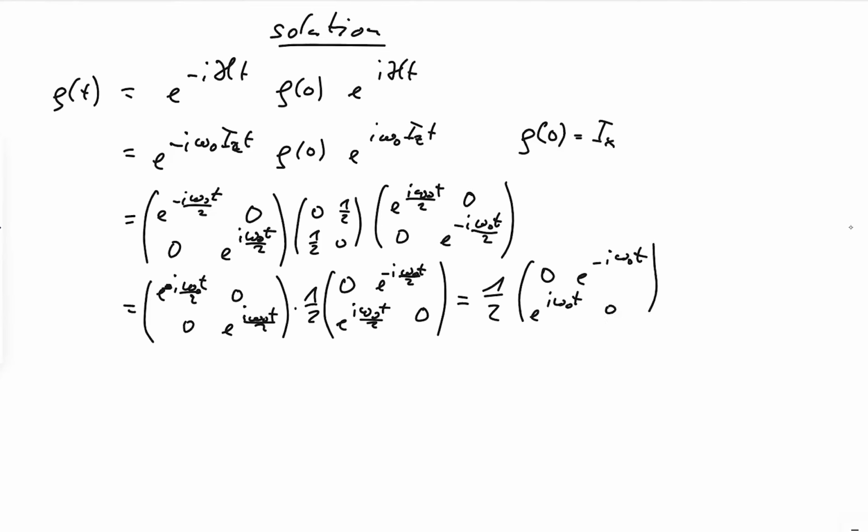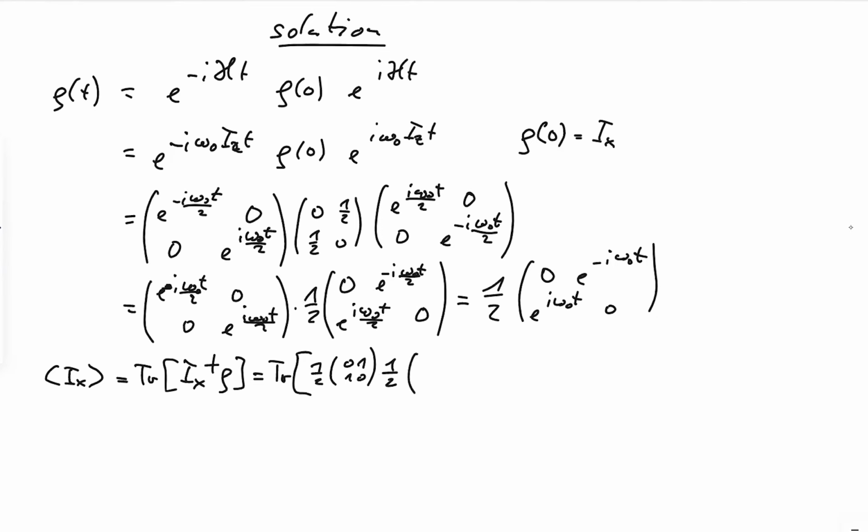And if you now calculate the trace, then Ix is the trace of Ix dagger times rho, which is the trace of 1 half, 0, 1, 1, 0 times 1 half, 0, e to the minus i omega 0 t, e to the i omega 0 t, 0.